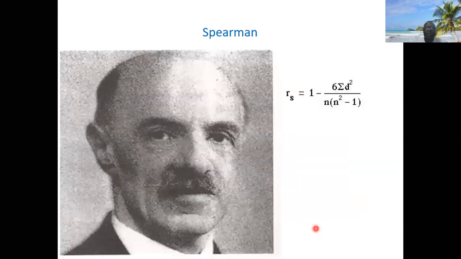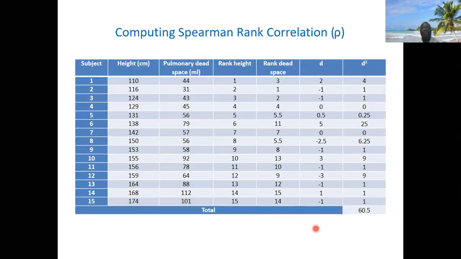That's Spearman. You look at the same data set, this height and pulmonary dead space. If you want to calculate Spearman for it, look at the way you do it. You rank the height, you rank the dead space, so you rank both of them.